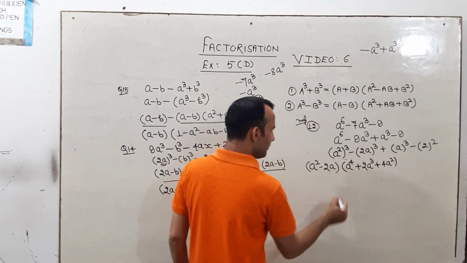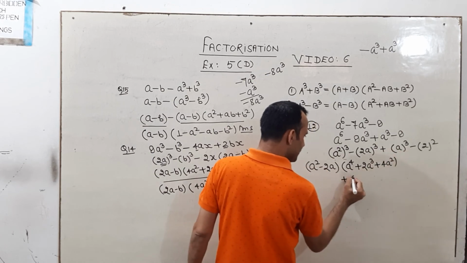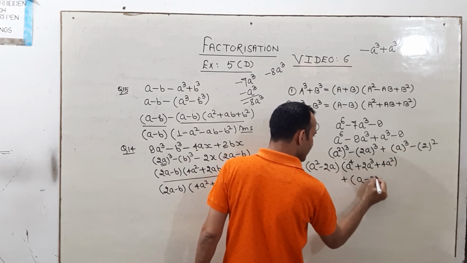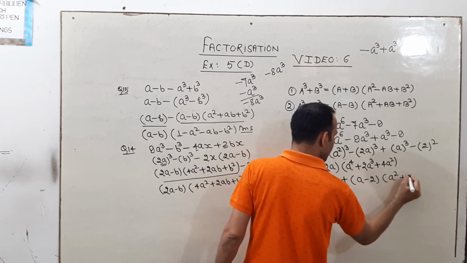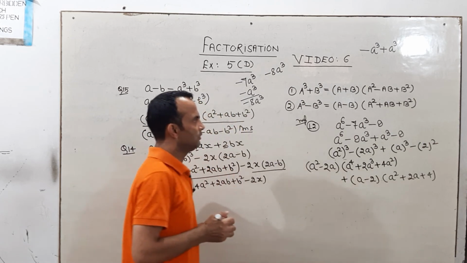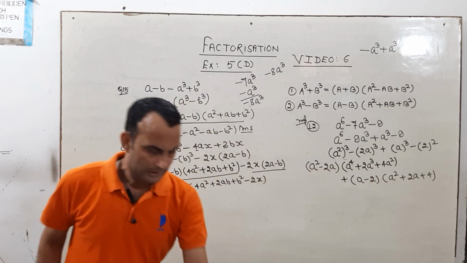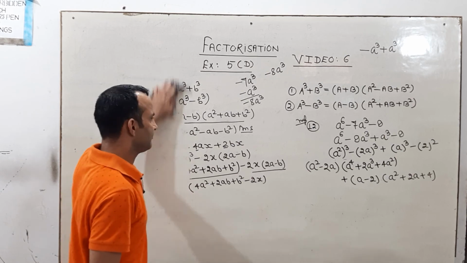Okay, plus a cube minus b cube is what? a minus b, a square plus ab plus b square. Now see the next step.